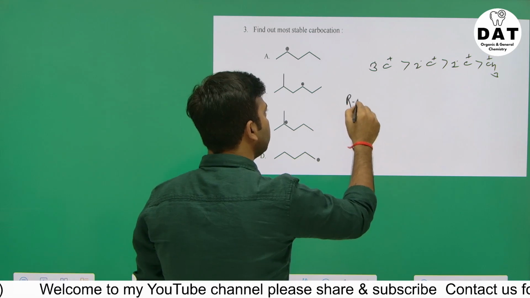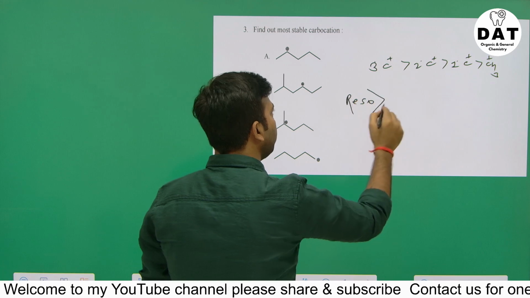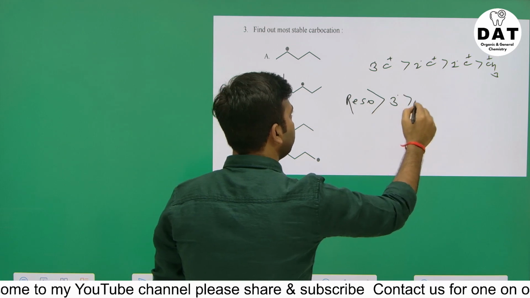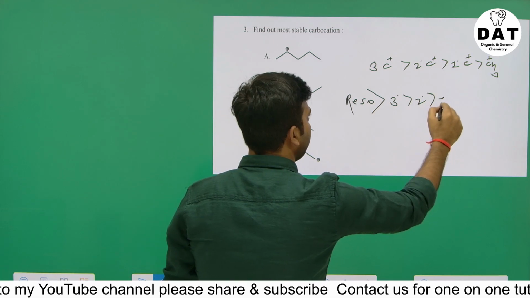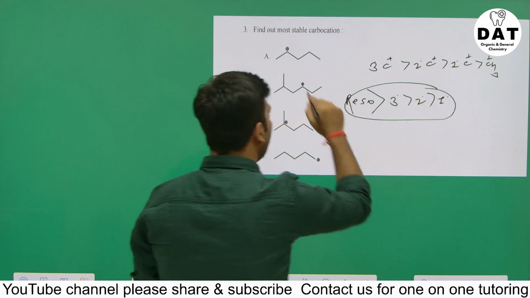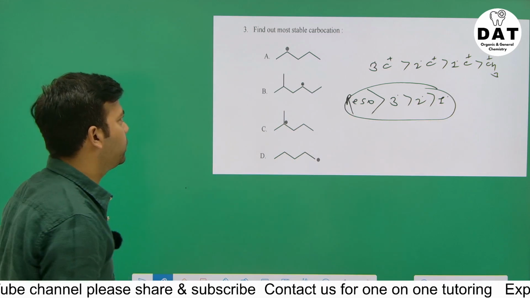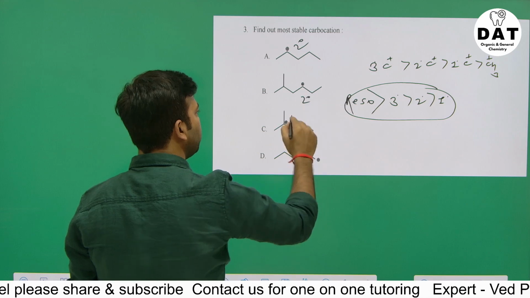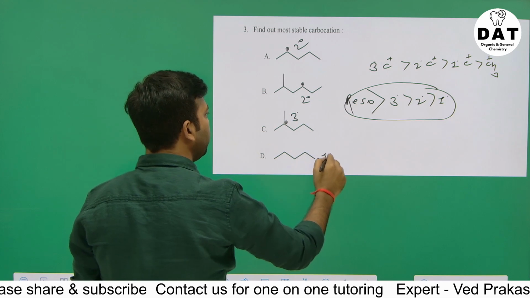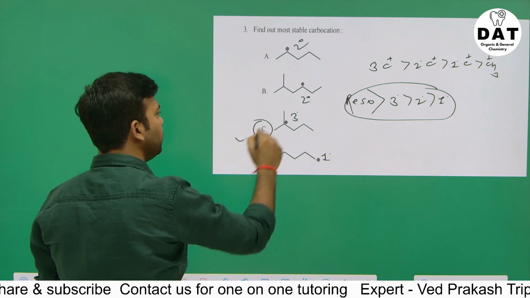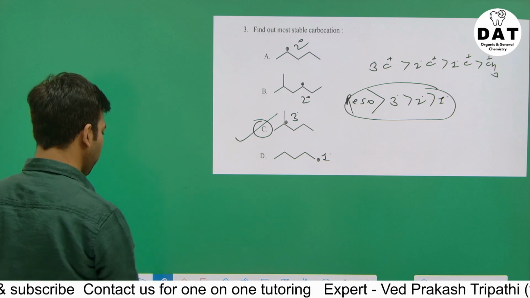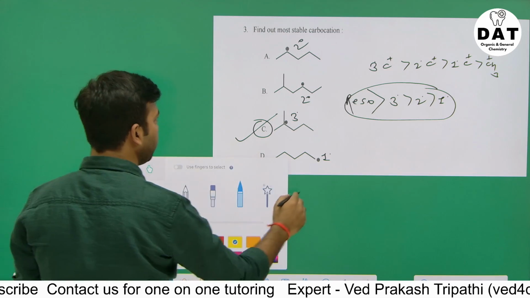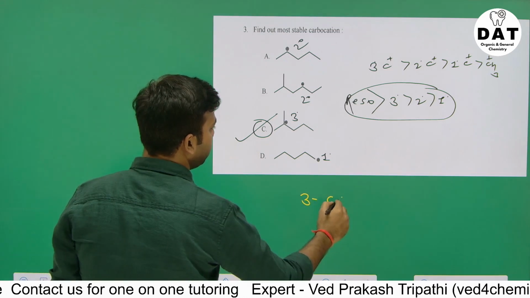So resonance is more than tertiary, secondary, and then primary. Here we don't have resonance. This one is secondary, this one is tertiary, this one is primary. So tertiary C is the most stable one. So here we can say 3 is C. Clear?